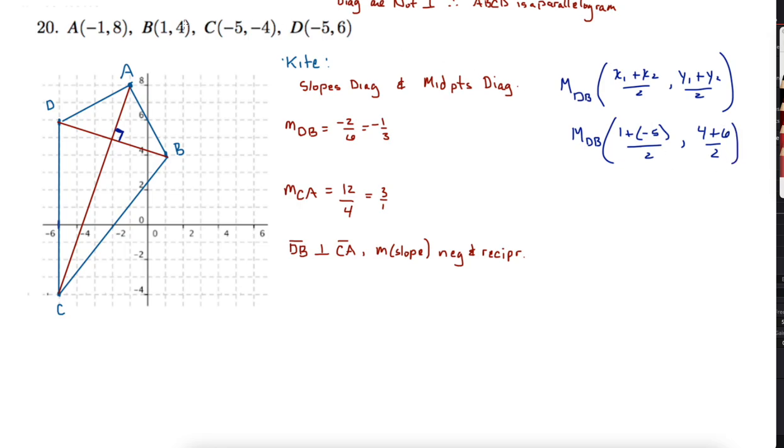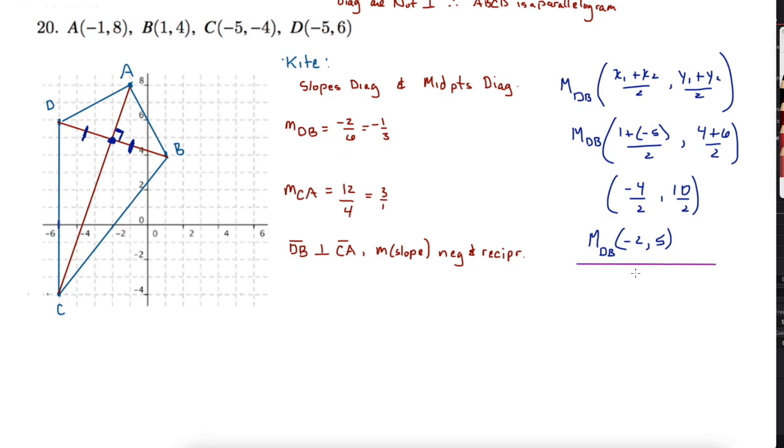Gotta really double check your coordinates here. I make these mistakes too, so take your time, double check, watch your signs, and make sure the answer makes sense when you get it. So I'm coming up with negative 2, 5. This is my midpoint. That's looking good.